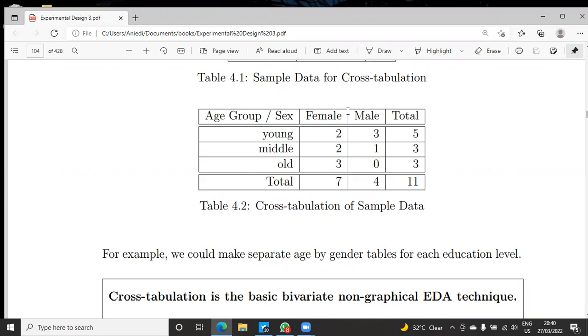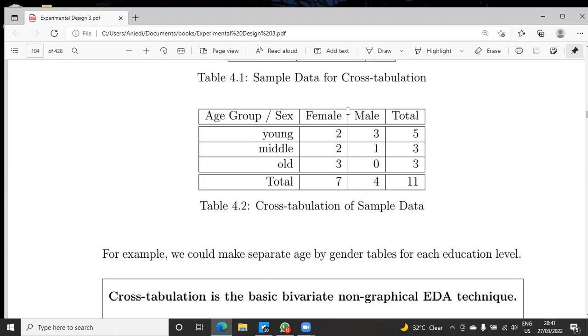So we can find the correlation between a young female and an older male, or a young female, a middle female, and a middle male. So the idea of correlation is how many females are going for a checkup as against how many males going for a checkup.